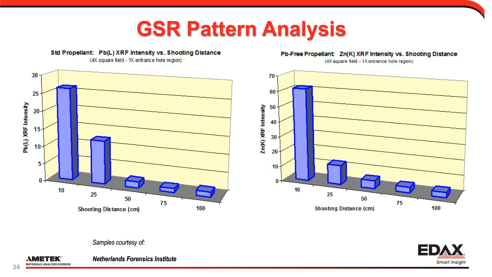There on the left is the lead L intensity of the gunshot pattern. And on the right is the zinc XRF intensity of the gunshot pattern. So basically this was in the range of about going from 10 centimeters out to about 1 meter or so. You could see that we get a pattern. The more intense the gunshot residue pattern, the closer the range of the shot.